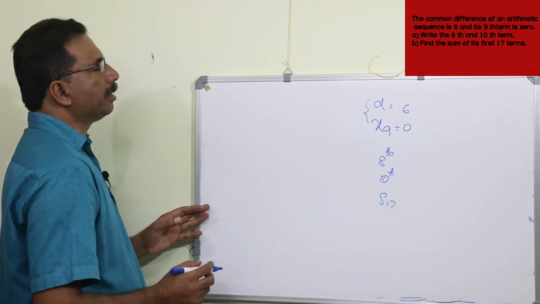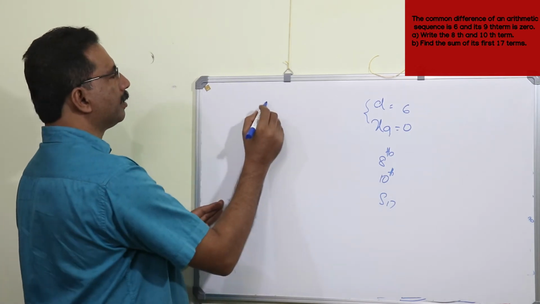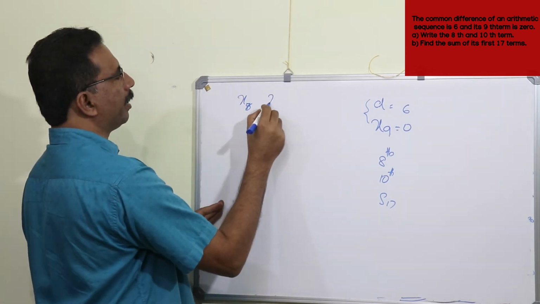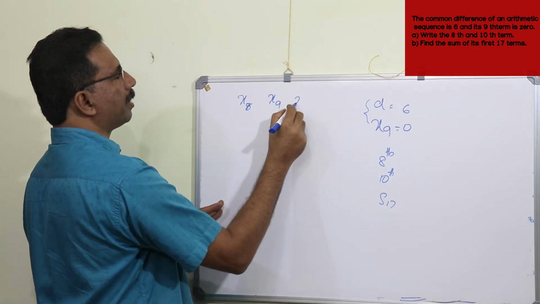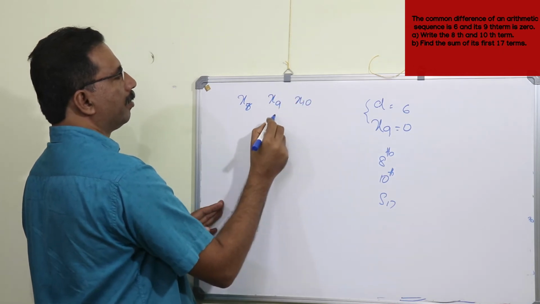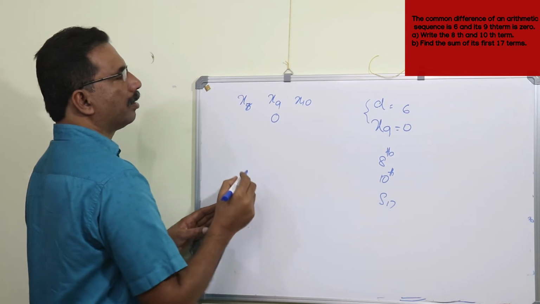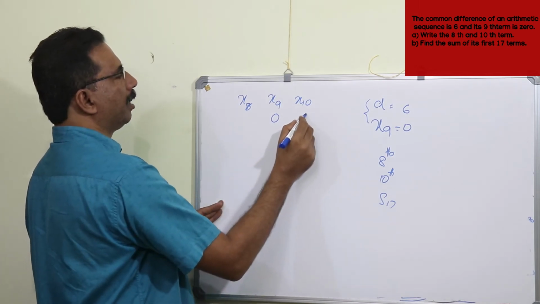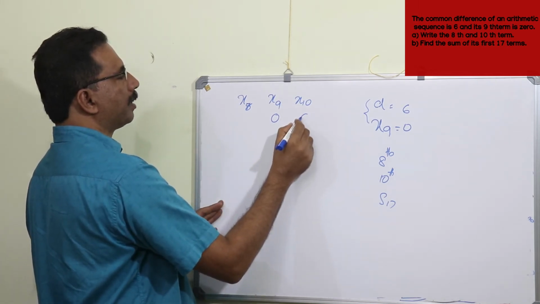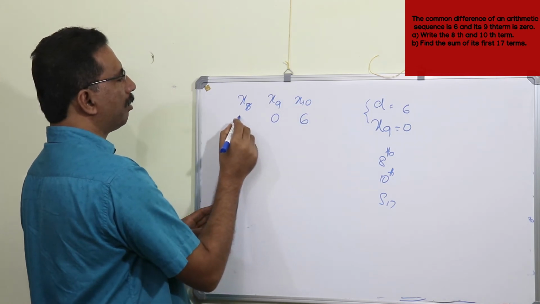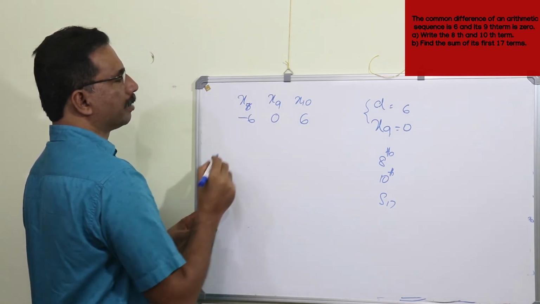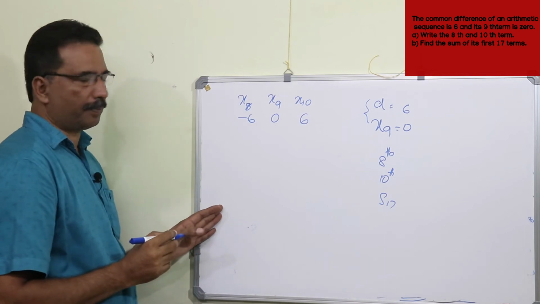Very easy. d is 6, x8, x9, x10. It is given that x9 is 0 and the common difference is 6. Therefore, x10 is 0 plus 6. x8 is 0 minus 6. It is minus 6. Very simple.